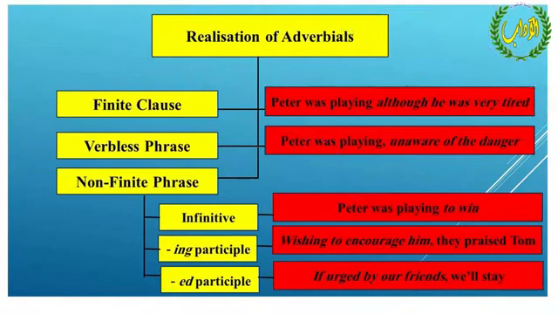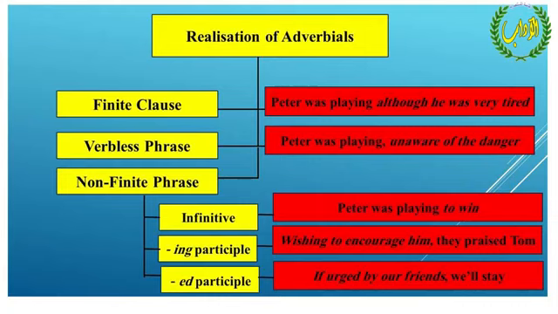Finite clause, as in Peter was playing although he was very tired. Although he was very tired is a finite clause. Verbless clause, as in Peter was playing, aware of the danger. Non-finite clauses can be categorized into three subcategories: infinitive, ing participle, ed participle.